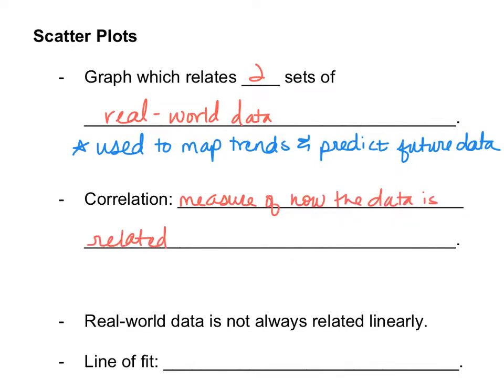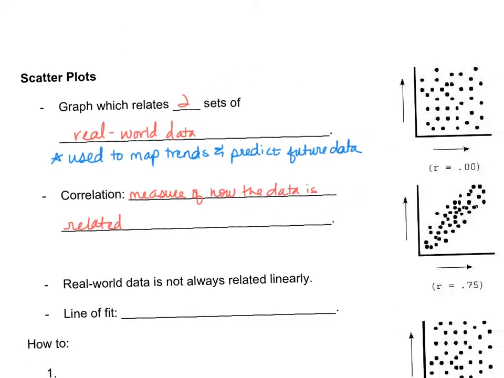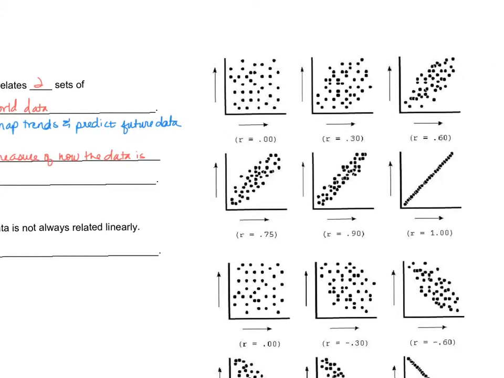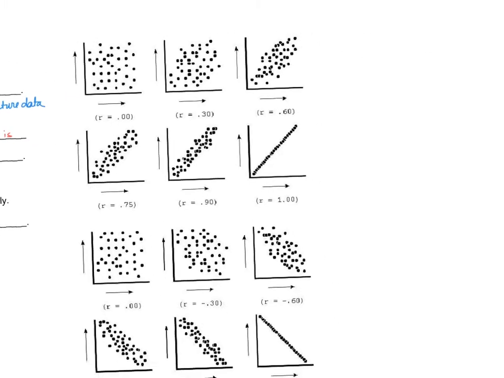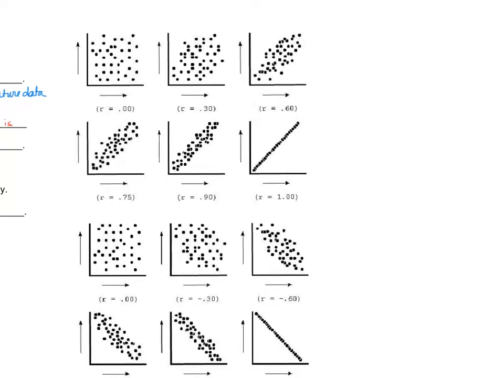So I'm going to pause with filling in these blanks, and I want to turn your attention to this set of graphs over here on the right-hand side of your paper. So you may notice the first type of correlation, which really isn't any correlation, is called no correlation, and those are things that aren't related at all.